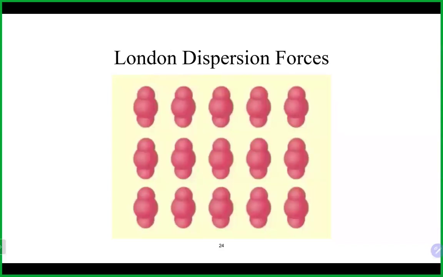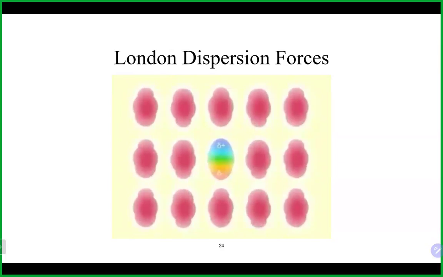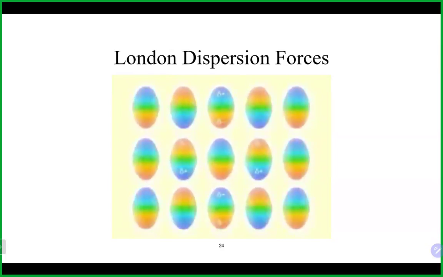So let's take a look at that. Solid carbon dioxide, dry ice. Nonpolar molecules are arranged close to one another in a regular array where they move slightly around an average position. The distribution of electrons in a molecule can occasionally become asymmetrical, leading to the formation of a temporary separation of charges, a dipole. Partial charges on the molecule that form a temporary dipole then influence the electron clouds of nearby molecules.